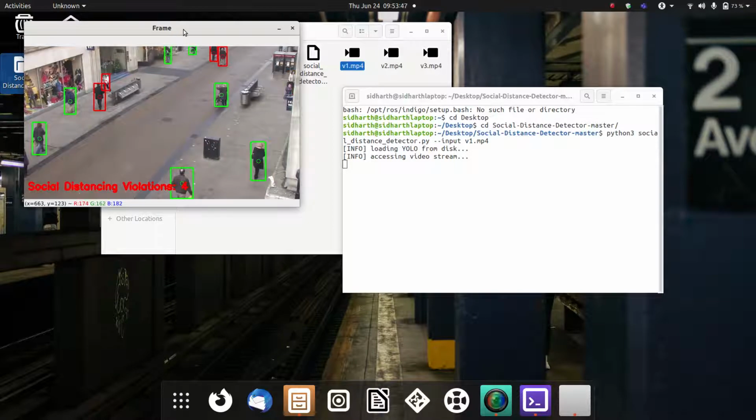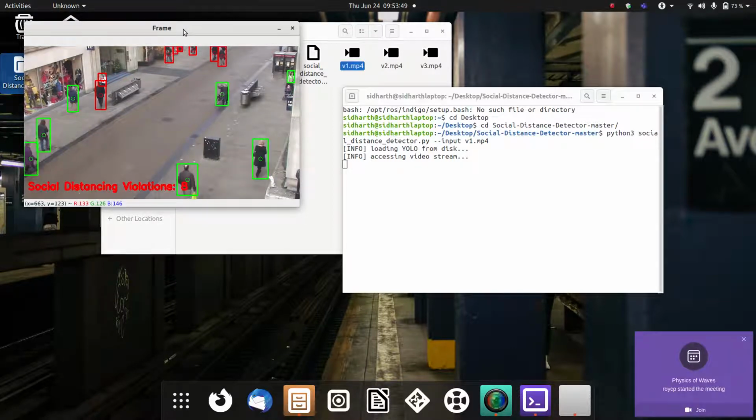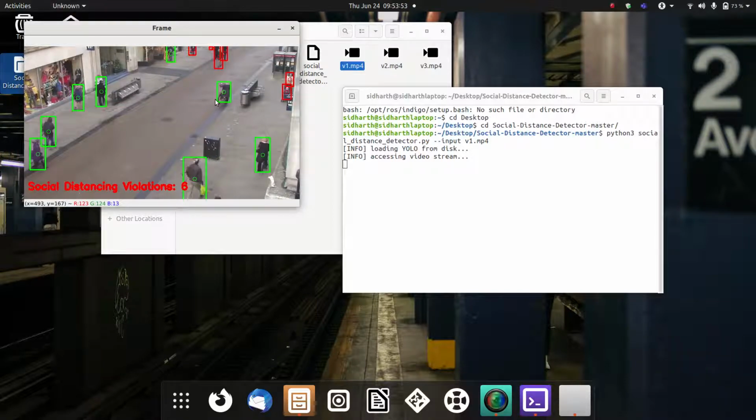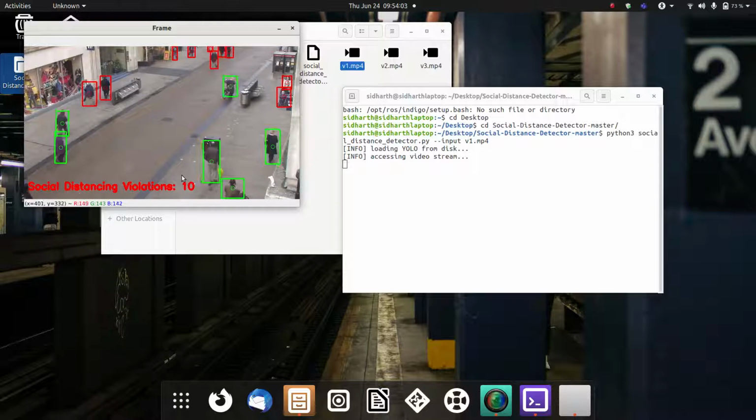As you can see, the social distancing detector is very effective in determining the number of social distancing violations that are taking place here. The violations number keeps on updating, and if it is greater than 2, then the social distancing violations alarm goes on, and we can hear a beep sound.